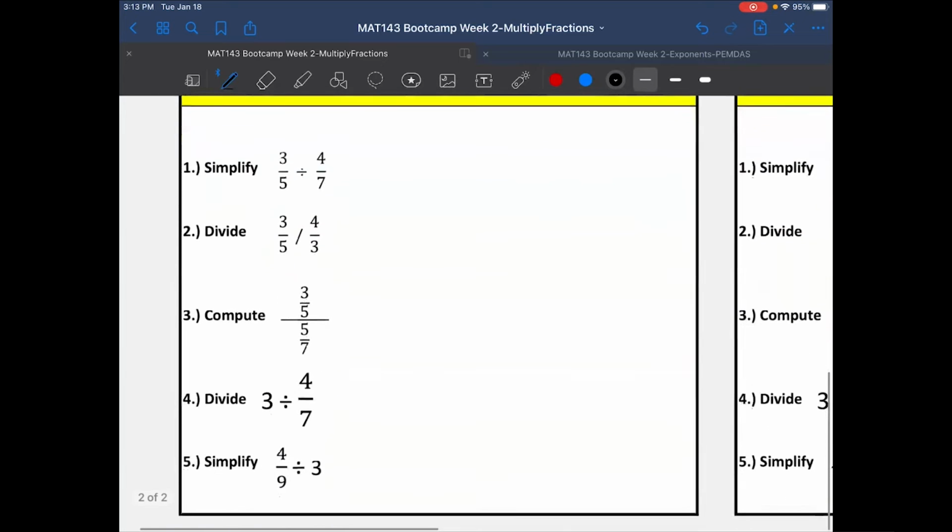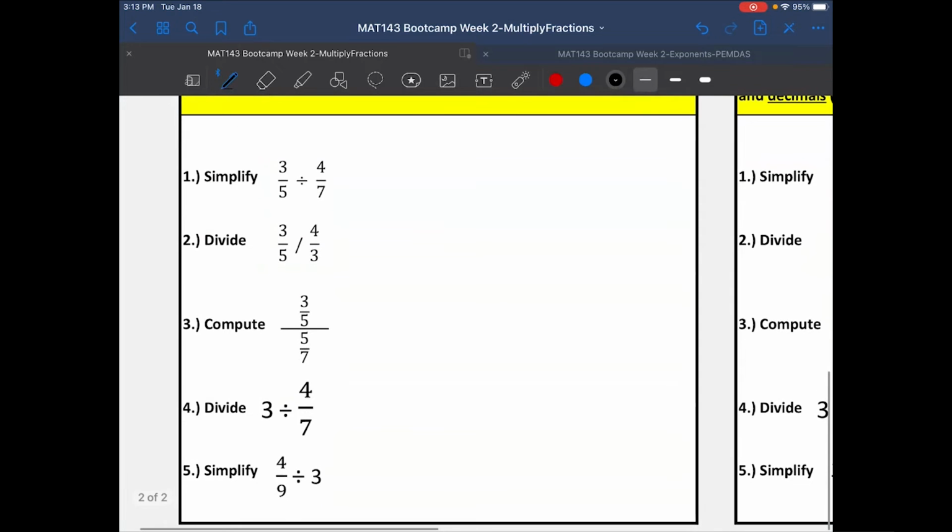All right, simplifying using division for fractions. So the rule for dividing fractions is we keep our numerator. So when you see this division, this is really like seeing 3/5 divided by 4/7. So we keep the numerator as it is.